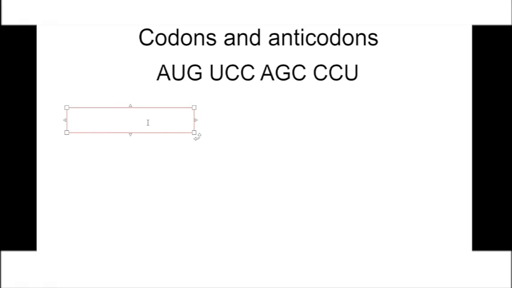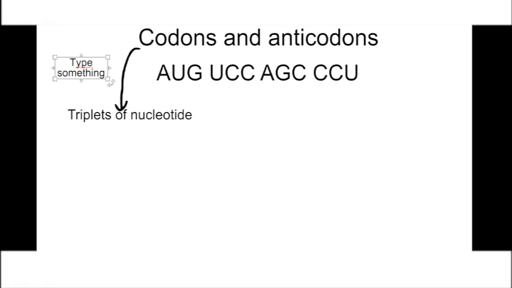To explain what anticodons and codons are: codons, precisely, are triplets of nucleotides. It's basically 3 nucleotides grouped together to form a group of 3 nucleotides.